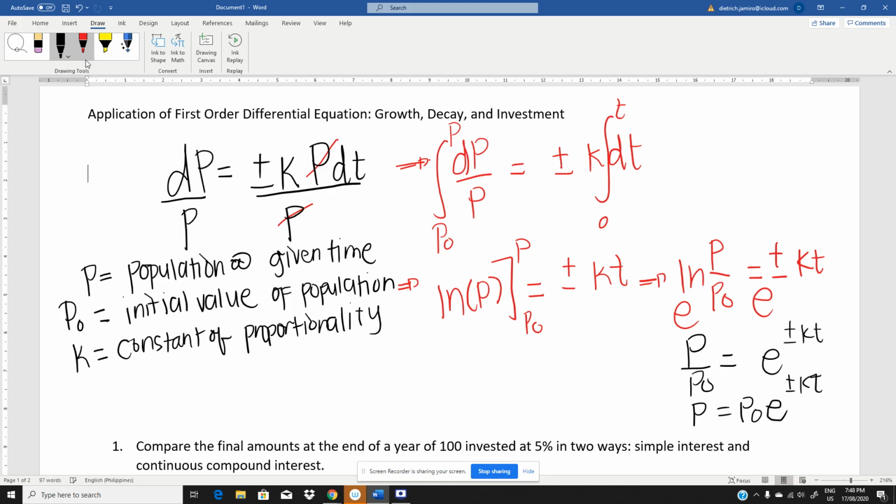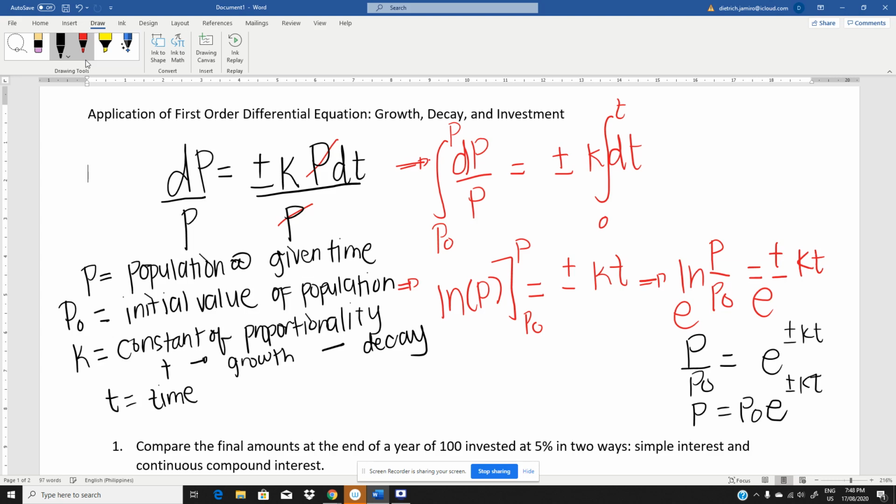Then plus symbolizes growth, and minus means decay, and our t is equivalent to our time.